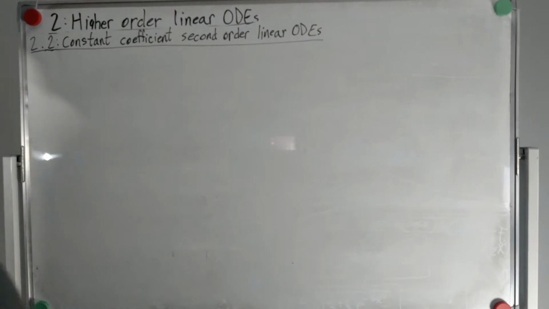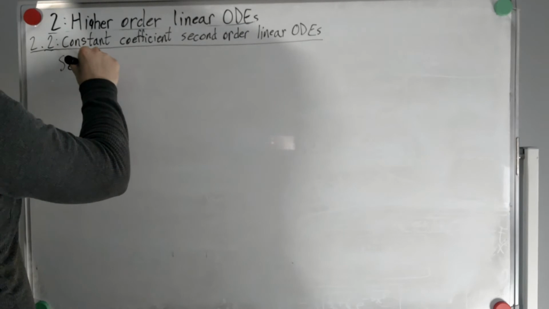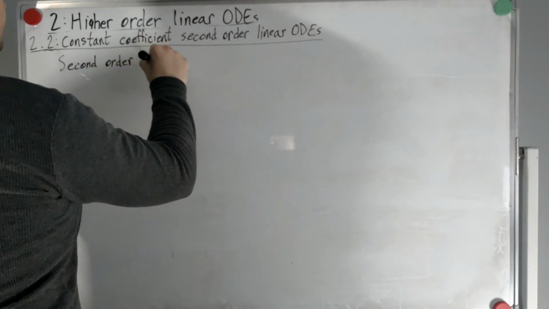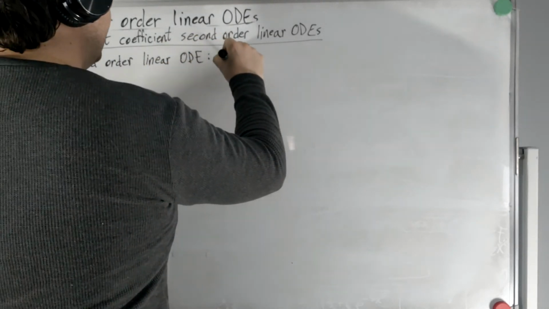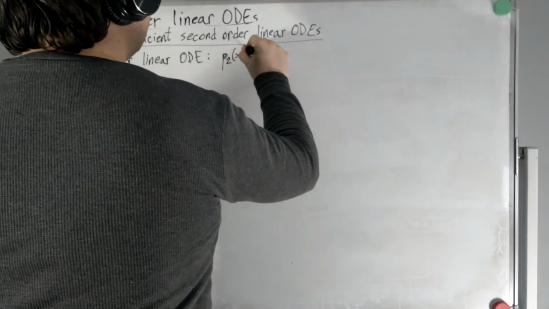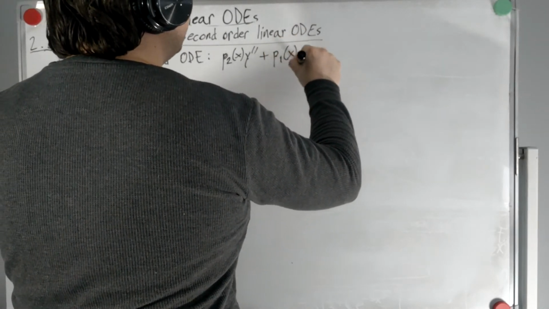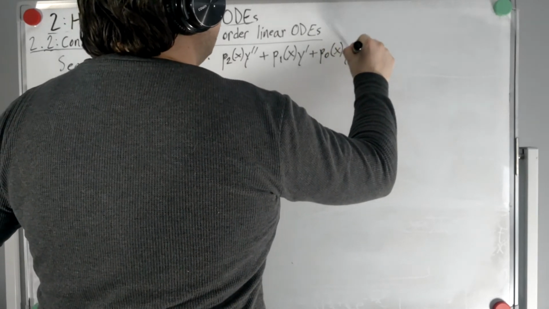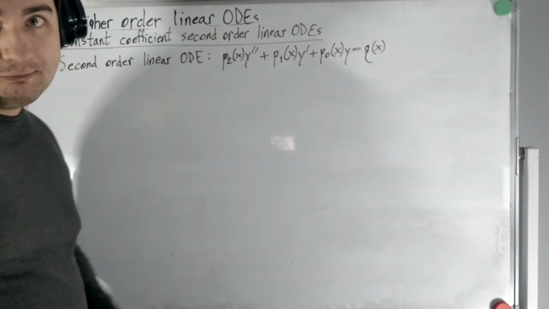So, in general, a second order linear ODE always looks like function of x times second derivative of y plus function of x times first derivative of y plus function of x times y equals function of x, right?